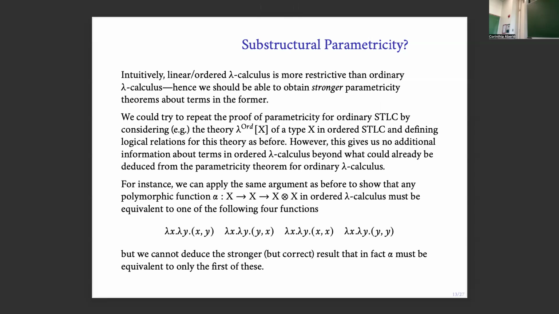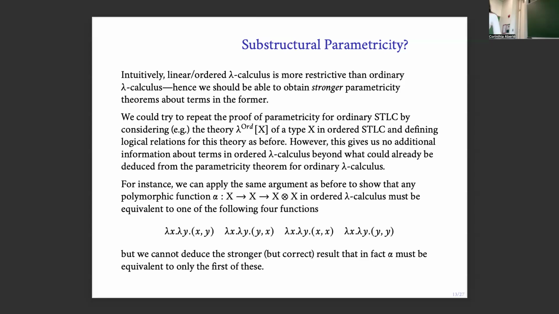Because if we have, say, a function of this type, if you just run the same argument through, you can prove that it has to be extensionally equivalent to one of these four functions, but we can't deduce the stronger but correct result that in fact alpha can only be this one, basically the identity on pairs, if it's ordered lambda calculus, because this one is not allowed because it swaps them, and these ones are not allowed because they copy something and also drop something.